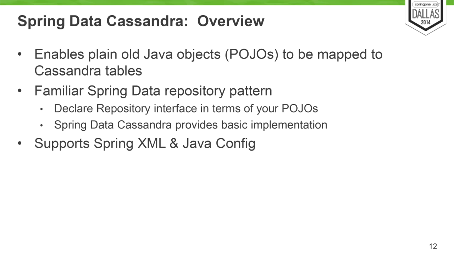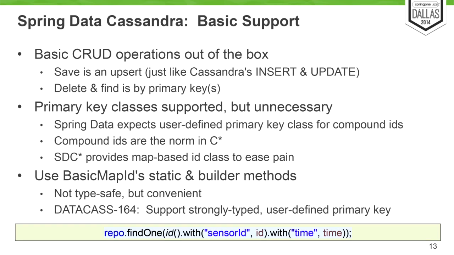And again, most Spring Data modules will provide an implementation of that for you. They interpret the return type and the method name because you use a certain convention to define those methods, and Spring Data will implement that for you and return what you mean. Spring Data Cassandra supports both Spring XML and Java config. The CRUD operations, like I said, save and delete, find by primary key.